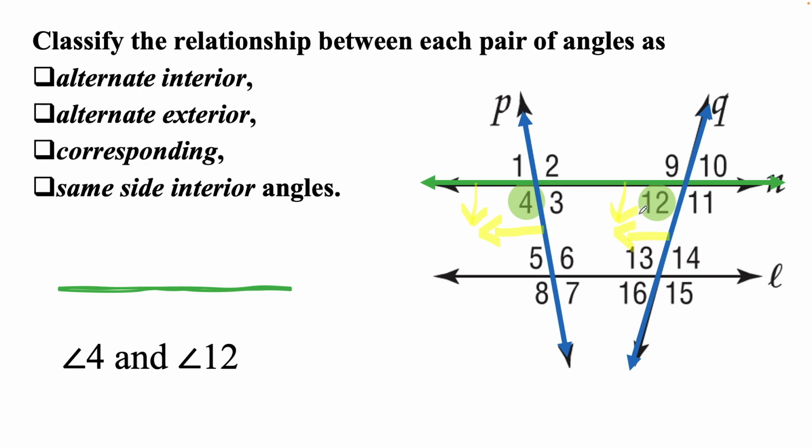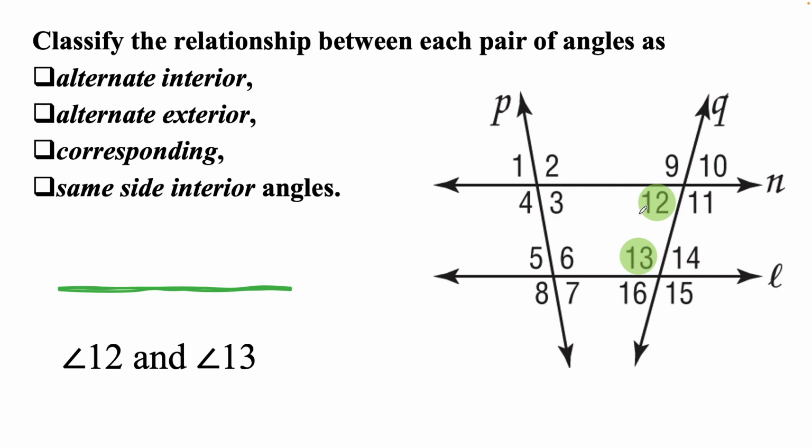So that means, what do we have? Corresponding angles. They're basically in the same spot. 12 and 13, there's the transversal, the lines that complete them. They're on the inside, they're on the interior, same side of the transversal. So those are same side interior angles.